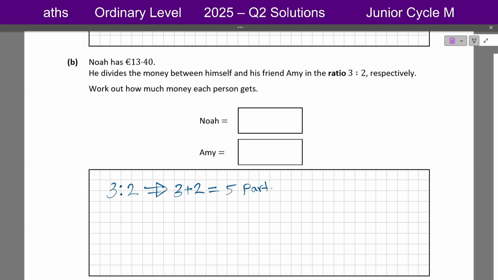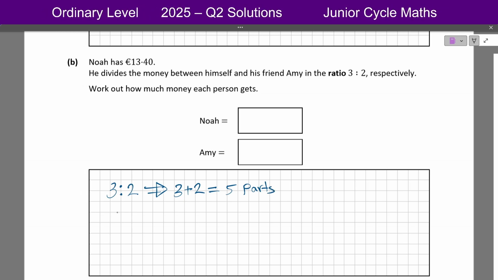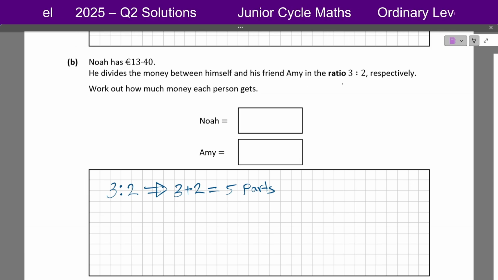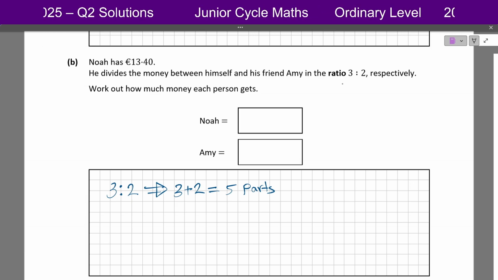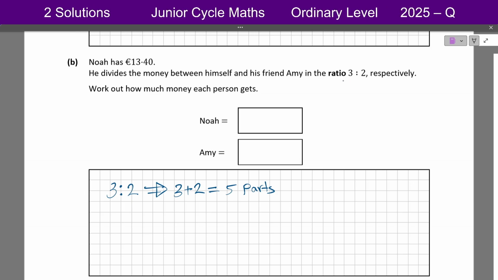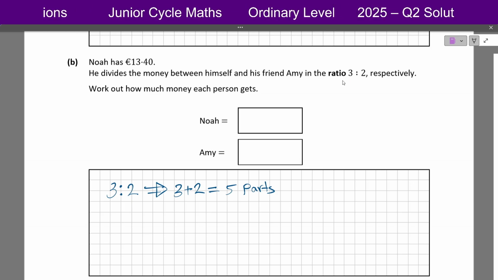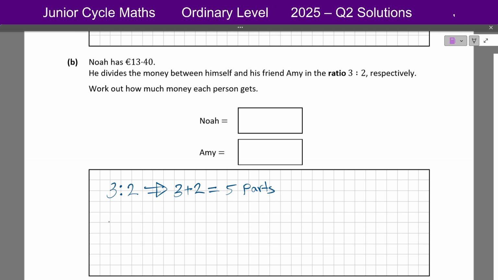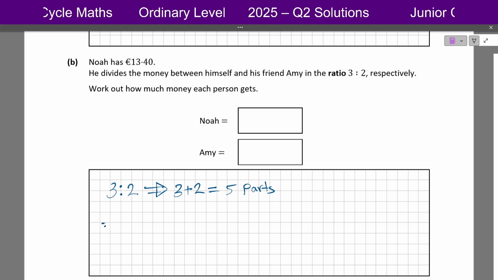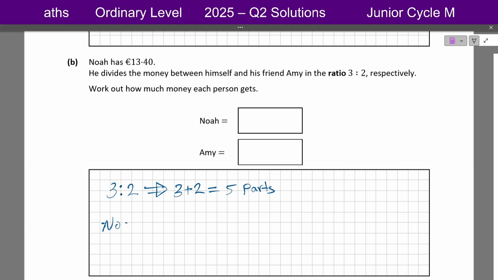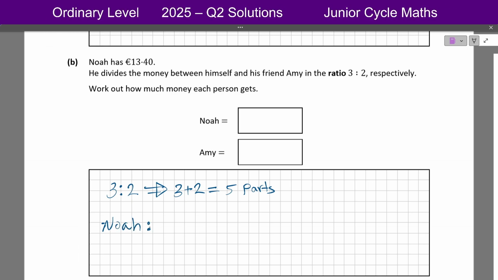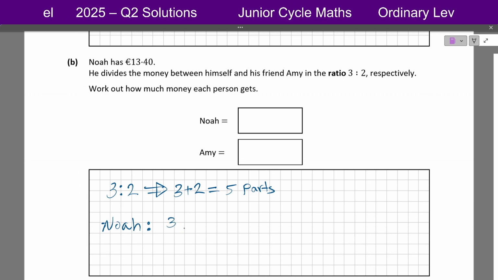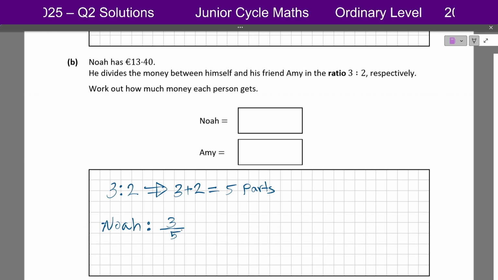Now we need to find the fraction for each person, and the order of the computation is very important. For Noah, he gets 3 parts out of 5.